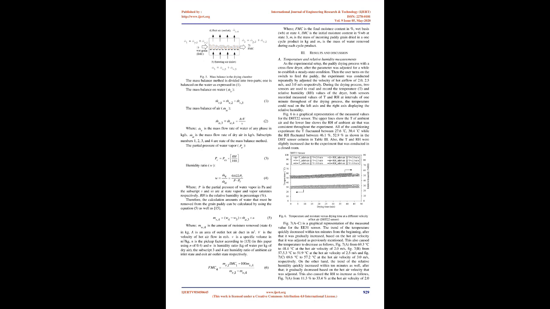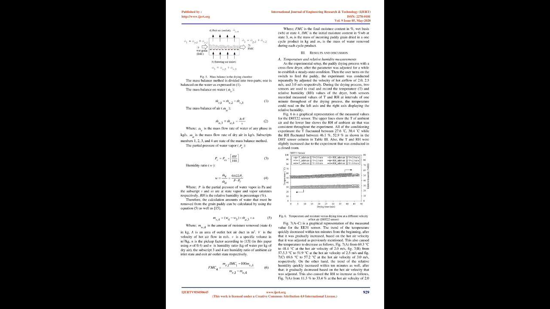v is the velocity of hot air flow in m/s, ν is the specific volume in m³/kg, N is the pickup factor according to 15, in this paper using N of 0.4, and W is the humidity ratio, kg of water per kg of dry air. The subscripts 3 and 4 are the humidity ratio of the ambient air inlet state and the exit air outlet state respectively.